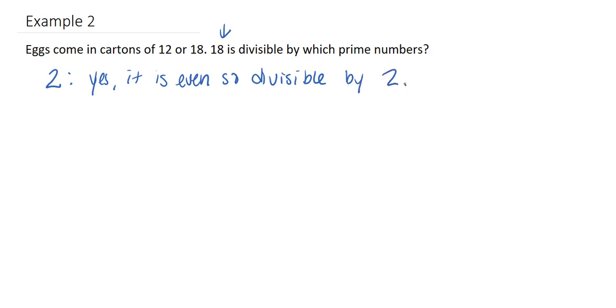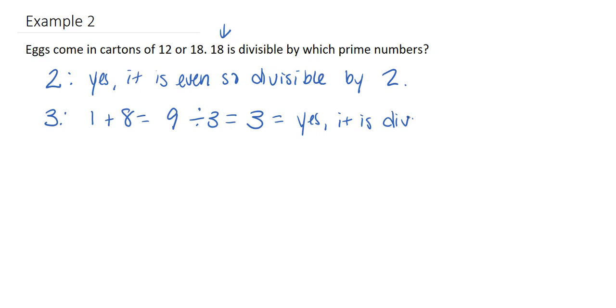Then we look at the next one. So we look at 3. We have to look at the sum of the digits. So we can go 1 plus 8, which is equal to 9. Now 9 divided by 3 is equal to 3. So we would say, yes, it is divisible by 3.